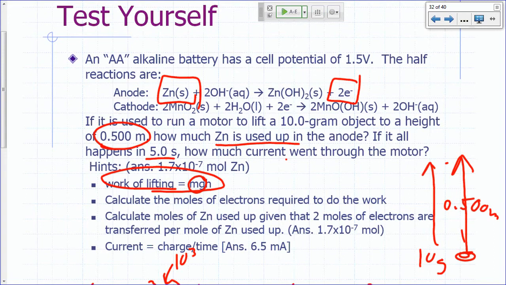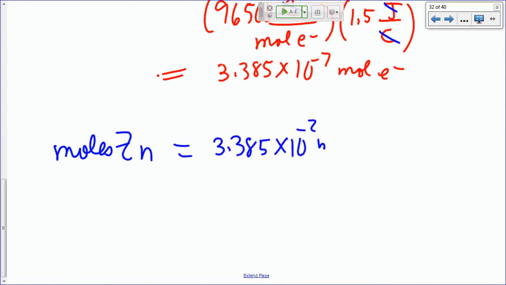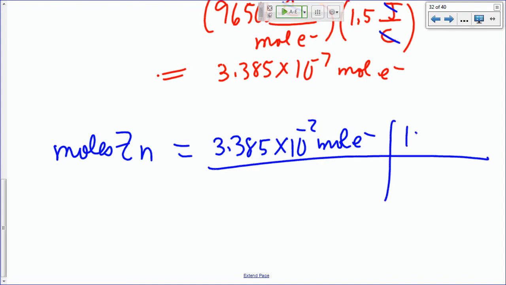So we can now calculate the moles of zinc involved. Moles of zinc equals 3.385 times 10 to the negative 7 moles of electrons times 1 mole of zinc consumed for every 2 moles of electrons transferred.